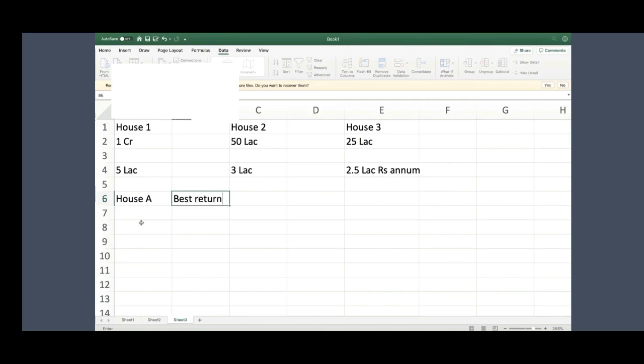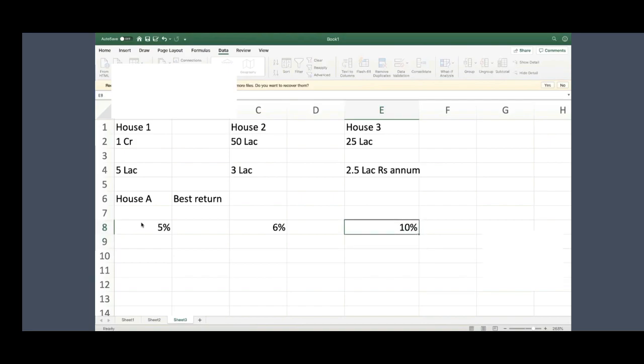If we just look at return per house, however, if we calculate it in percentage form, you see that return is 5% here. If I am earning 3 lakh rupees on 50 lakh rupees, my return is 6% here. And if I am making 2.5 lakh rupees on a 25 lakh rupees house, my return is 10% here.